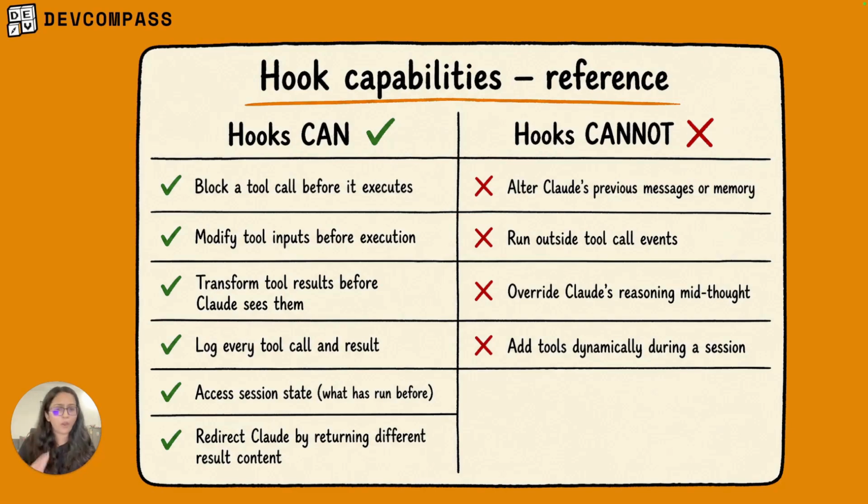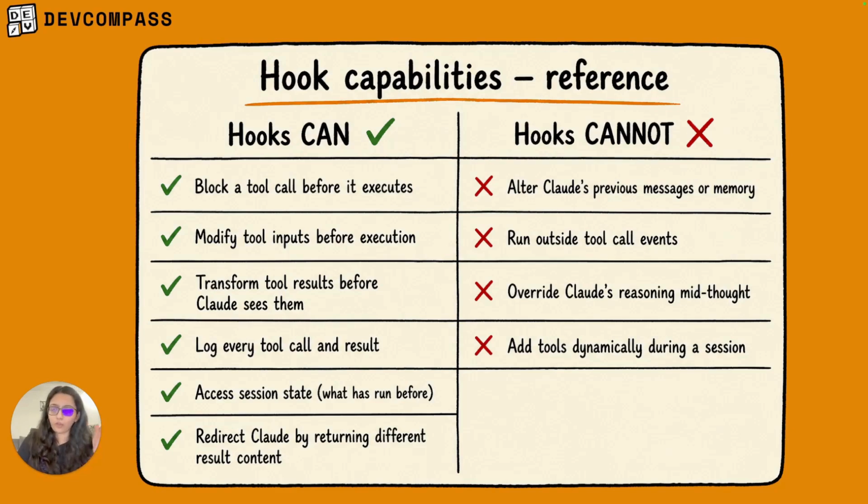They can transform tool results before Claude sees them, the normalization pattern. They can log every tool call and result, which gives you a complete audit trail of everything that moved through your agent. They have access to the session state. They know what was already run in this conversation. And they can redirect Claude by returning a very different result content, like the escalation intercept pattern.